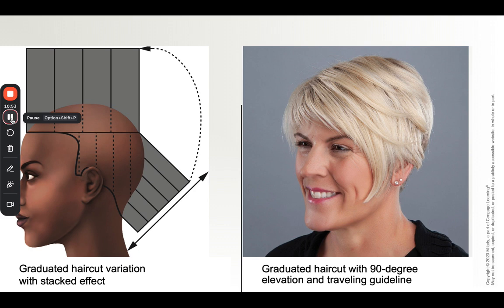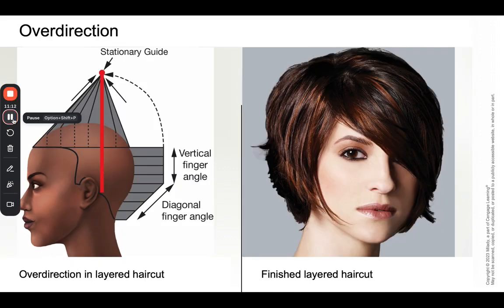In this image, this haircut was cut using a 45-degree elevation throughout the sides and back, creating a stacked effect with a diagonal cutting line. The top was cut using a 90-degree elevation, and the entire shape was created using a traveling guideline.